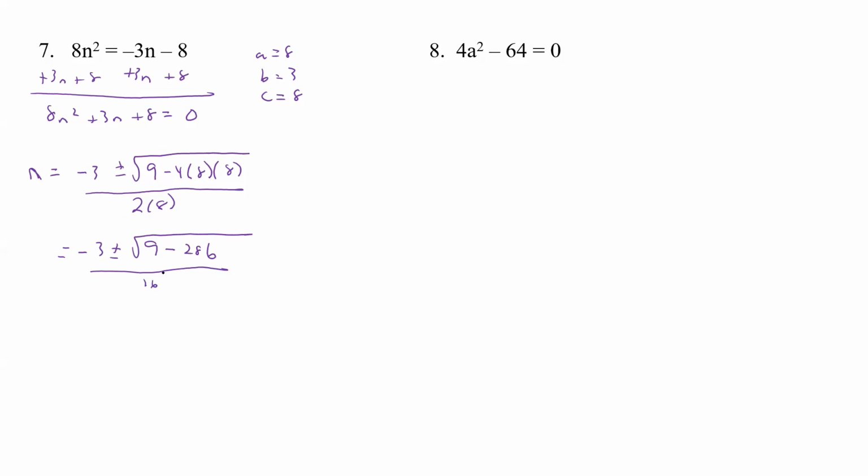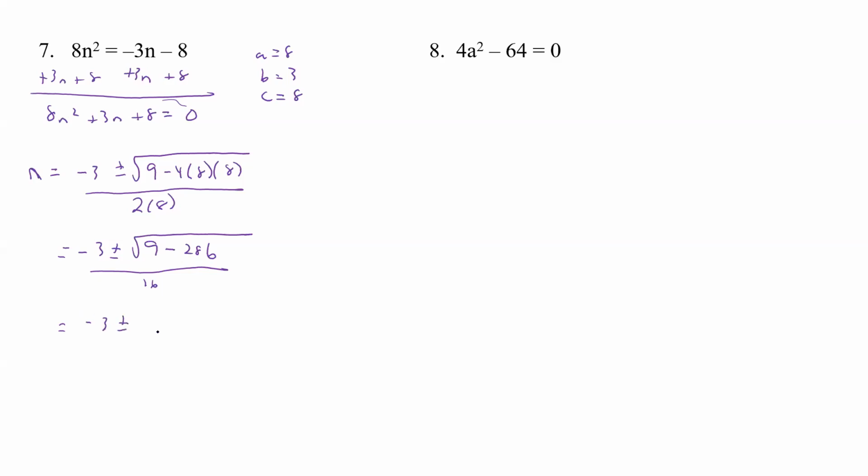Now, when we have a negative like this, that means we're going to end up with an i in our solution. Now, these are a little harder to check. You actually have to do it all by hand. You can't use a calculator because we don't have i in our calculator. But again, we're not going to worry about the checking. We're going to assume we do everything correctly here and go from there.